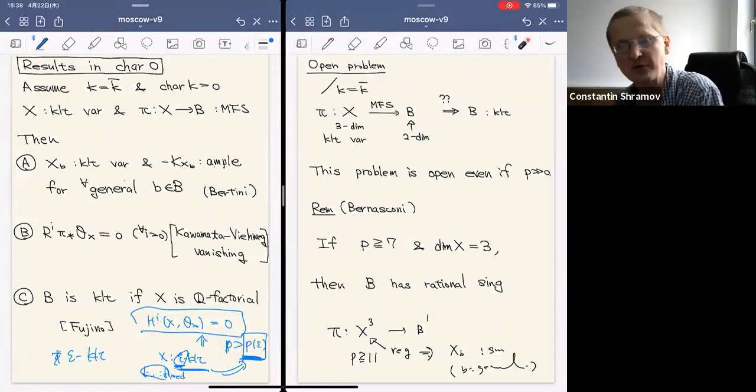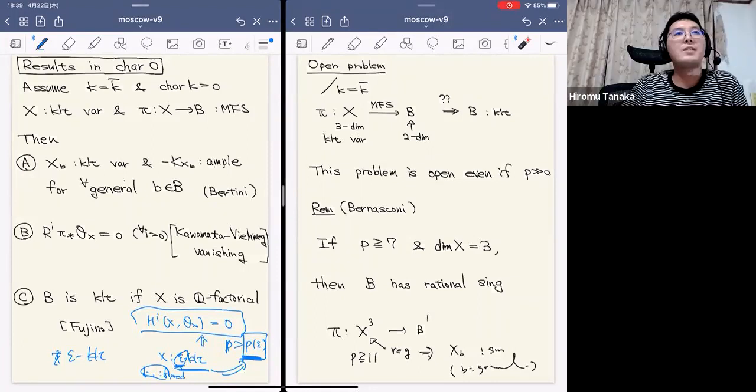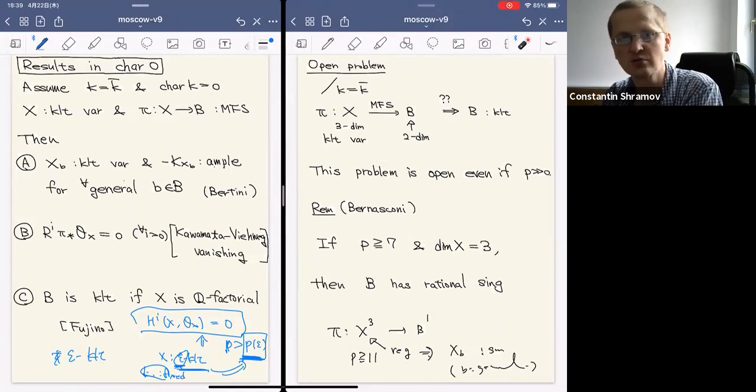However, many of your counterexamples are just for small p. So back here, do we know or do we expect that, say, in characteristic 2, with terminal singularities, such a vanishing theorem holds?